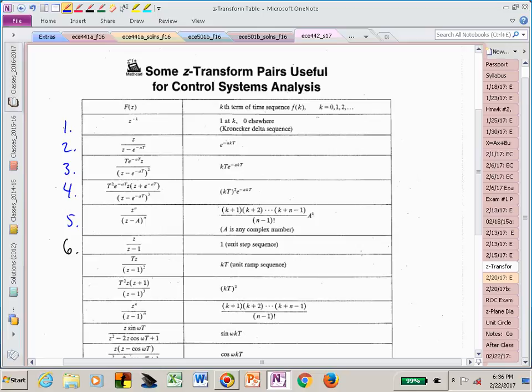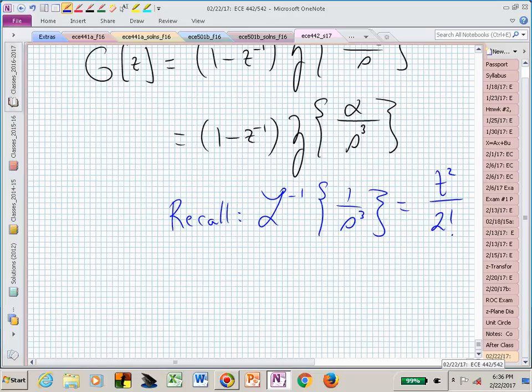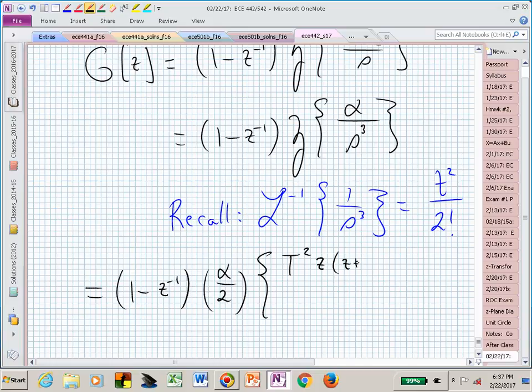So let's go back and fill in that piece of information. We now have G of z is 1 minus z to the minus 1. And we want to get that alpha and the 2 out of the way. Those are just scalars. Let's factor those out. And from row number 8, if you remember, that was T squared z, z plus 1 over z minus 1 cubed.